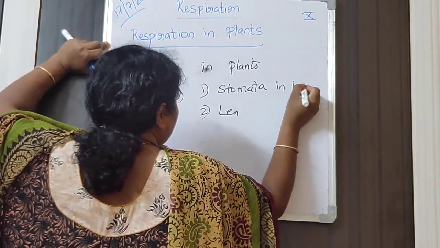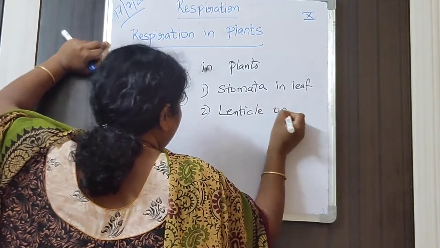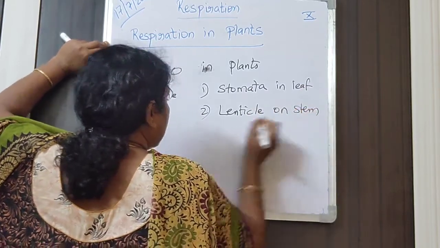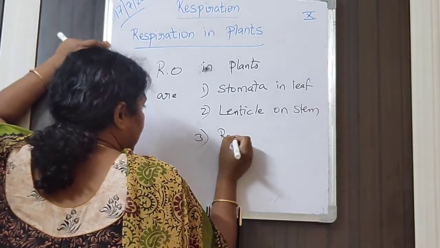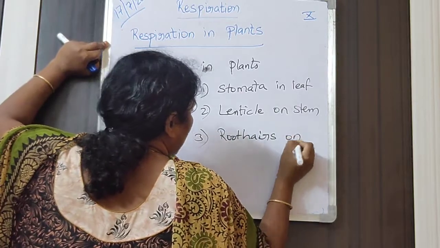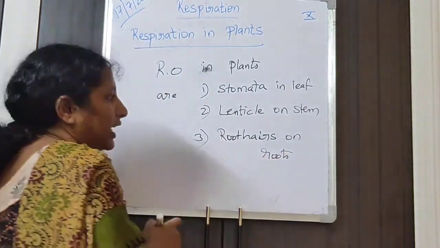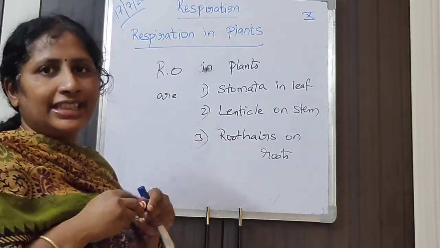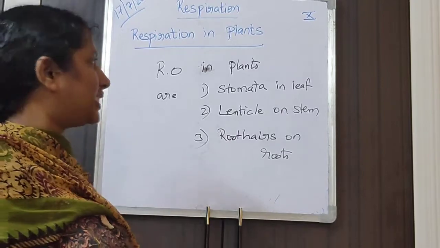Stomata in leaf, lenticels on stem and branches also. Next, root hairs on root. So these are the respiratory organs present in the plants. Clear?